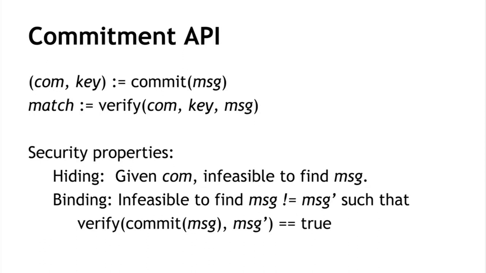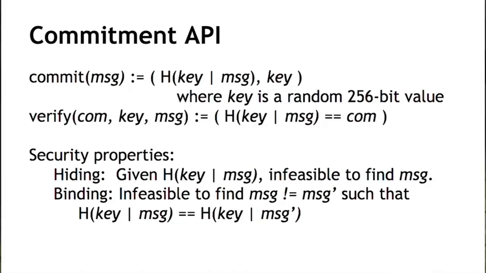First we need to talk about how we're going to actually implement commitments. In order to commit to a value message, we generate a random 256-bit value and call it the key. Then, as the commitment, we return the hash of the key concatenated with the message, and as the key value, we return the key.